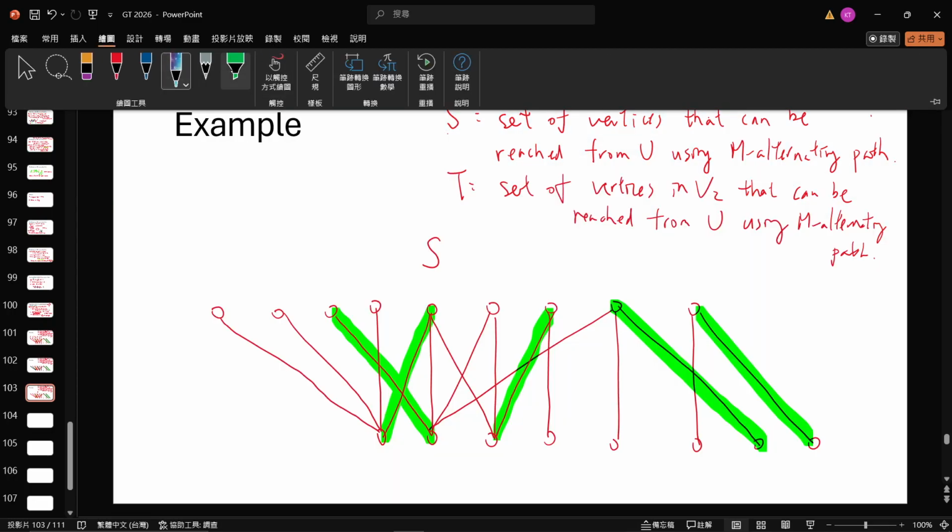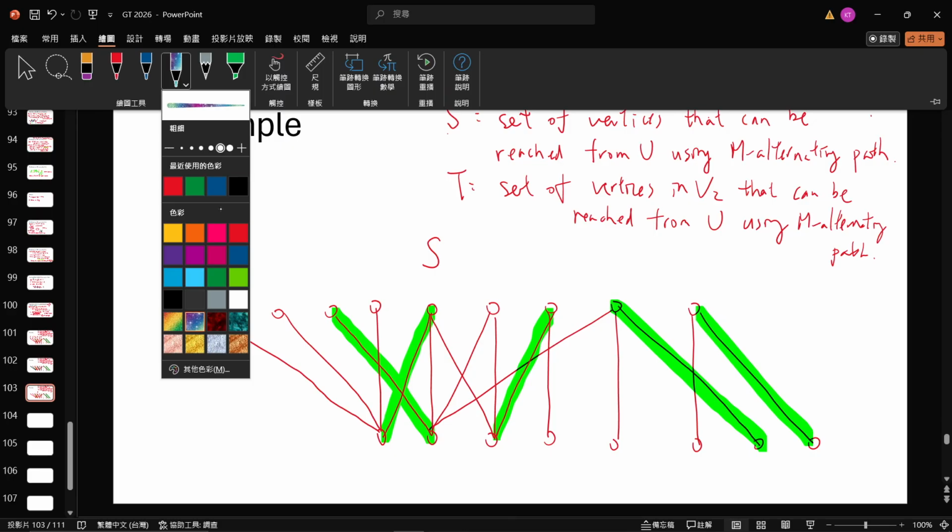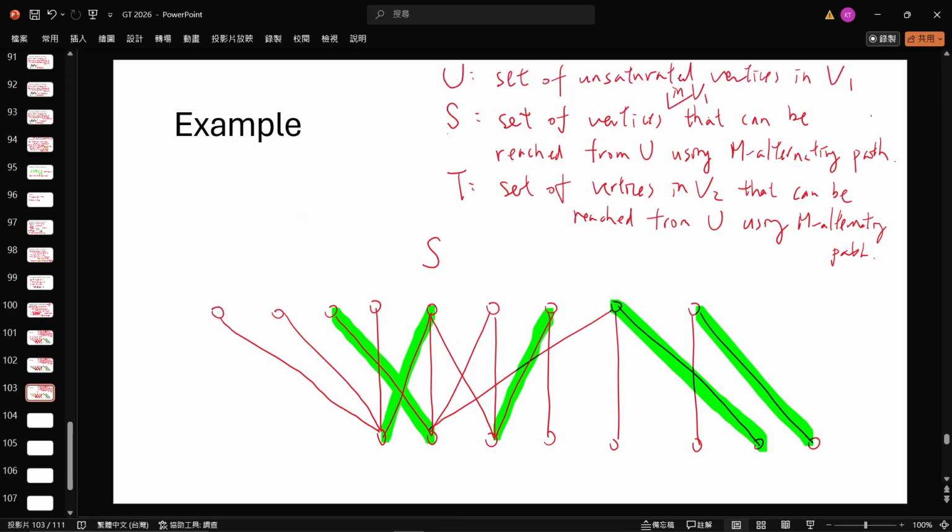To extend the alternating path, we'll do 2 steps. So first of all, we're going to use some edges not in the matching to go down, okay?